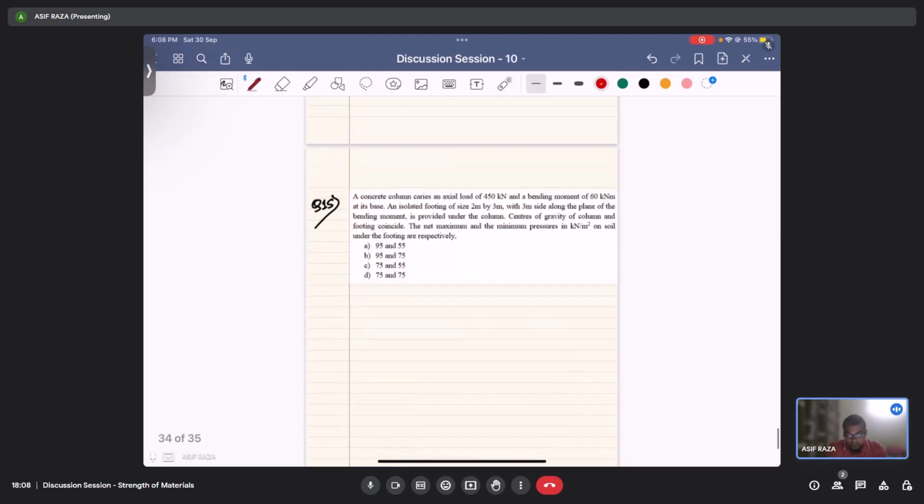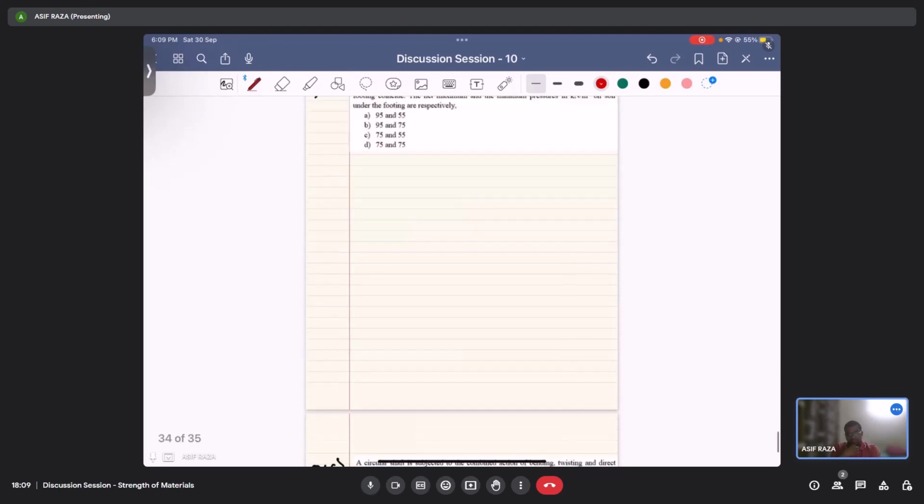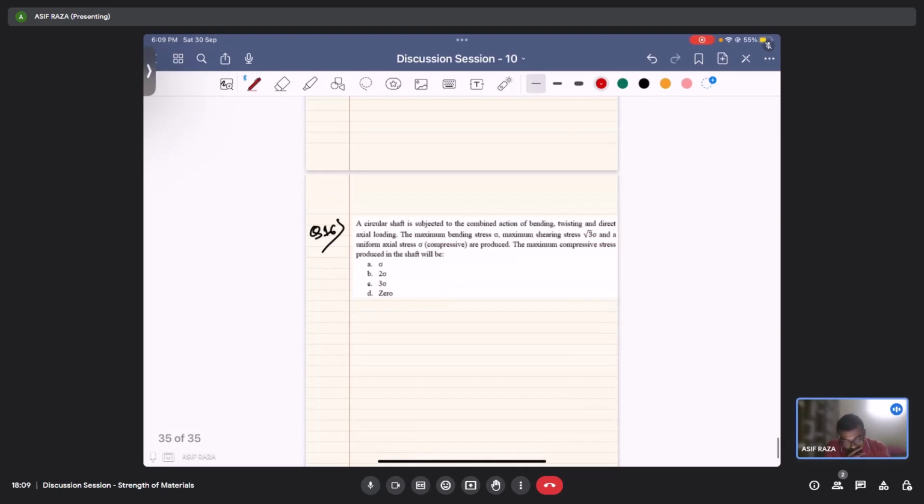Okay, and in this question, a concrete column carries an axial load of this. So this is similar to what we have already gone through. Only the data is different, so you can easily work around this question. And for the last one, a circular shaft is subjected to the combined action of bending, twisting, and direct axial loading.